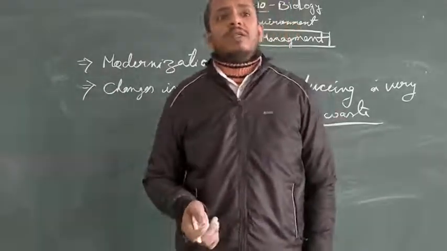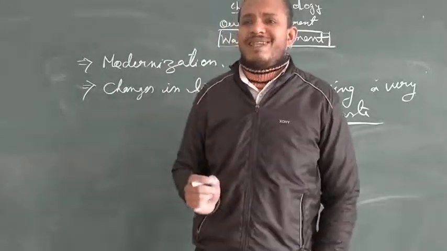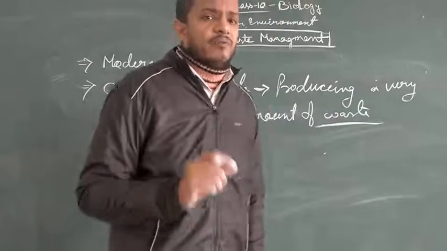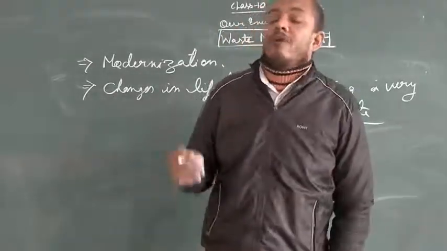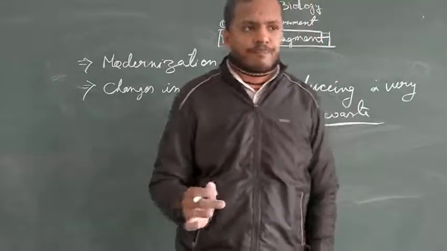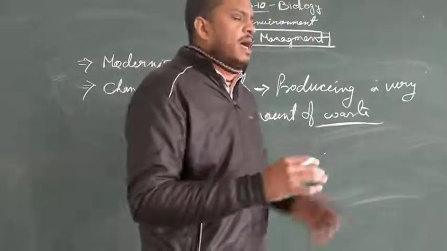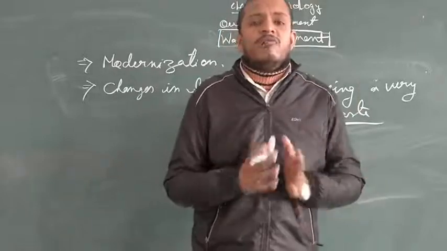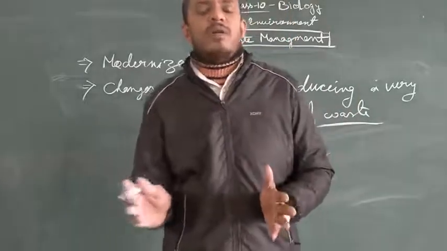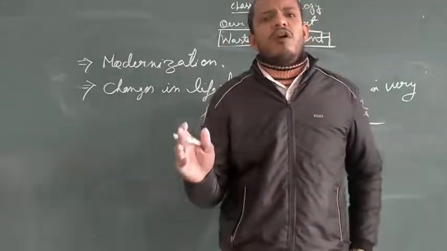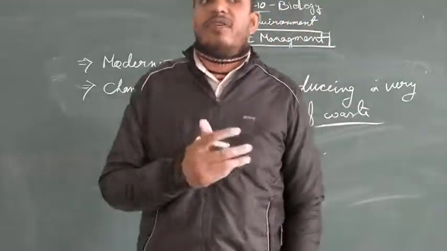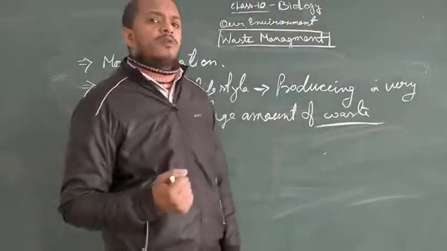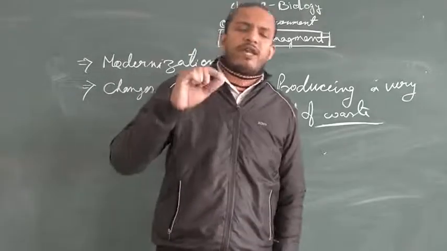But the most negative factor with plastic is that it is not degradable, and even if it is, it takes a very long time period. So between production and decomposition, there is a far gap. As a result, the thing which we use as a beneficial thing is nowadays a very difficult problem for us.